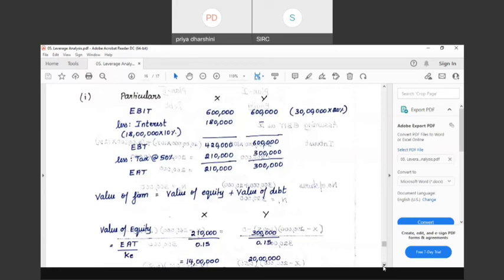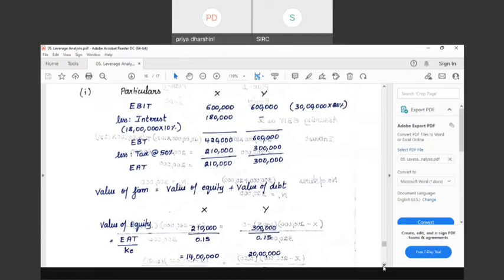If you have attended my class, you would have known, I told you when the tax rate is given and when the firm is classified into levered and unlevered firm, although the question talks about net operating income approach, we will do it under MM approach, because only under MM approach is the firm classified into a levered and an unlevered firm, and tax rate is applicable only under MM approach. So this sum I will do under both net income approach and MM approach, because MM approach is an extension of net operating income approach.